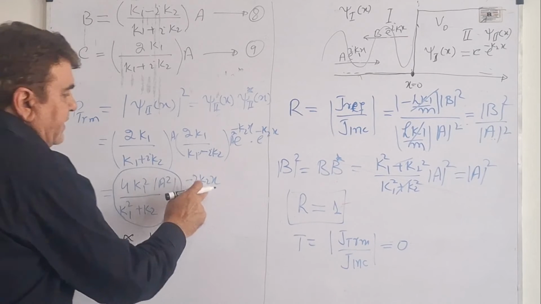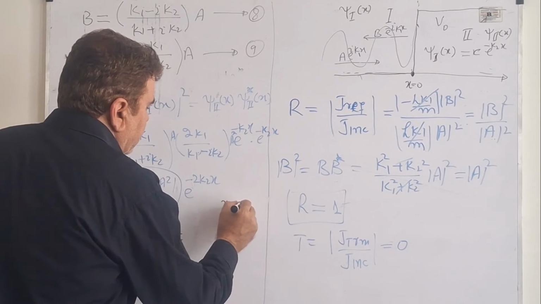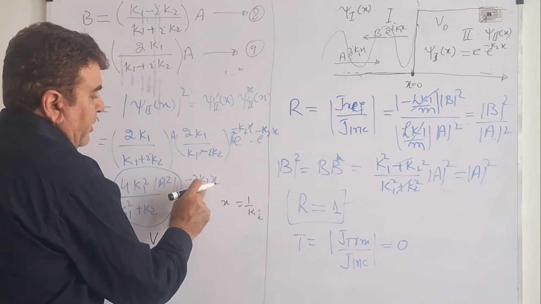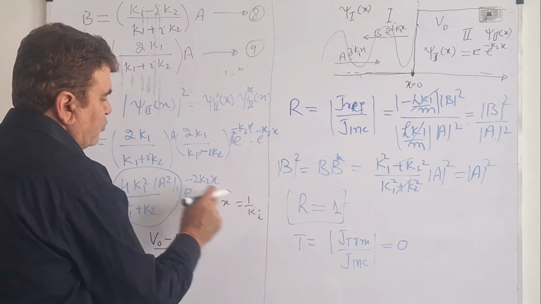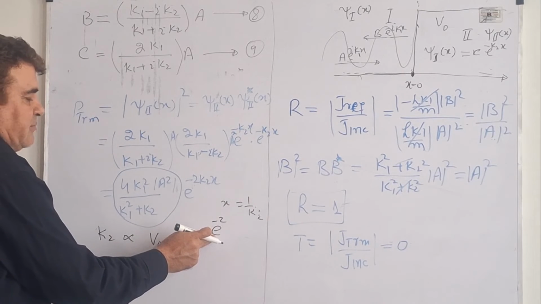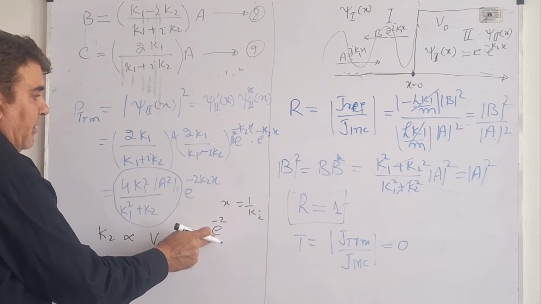And for x equal to 1 over k2, we get exponent minus 2. And this is obviously negligibly small.